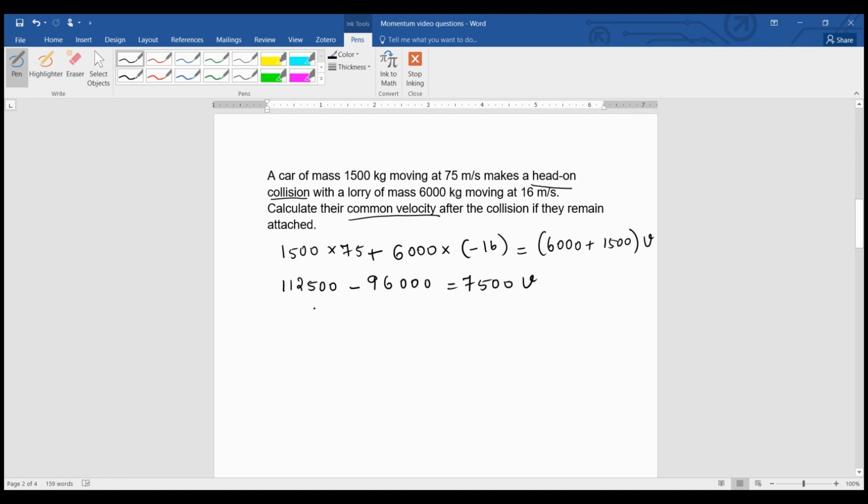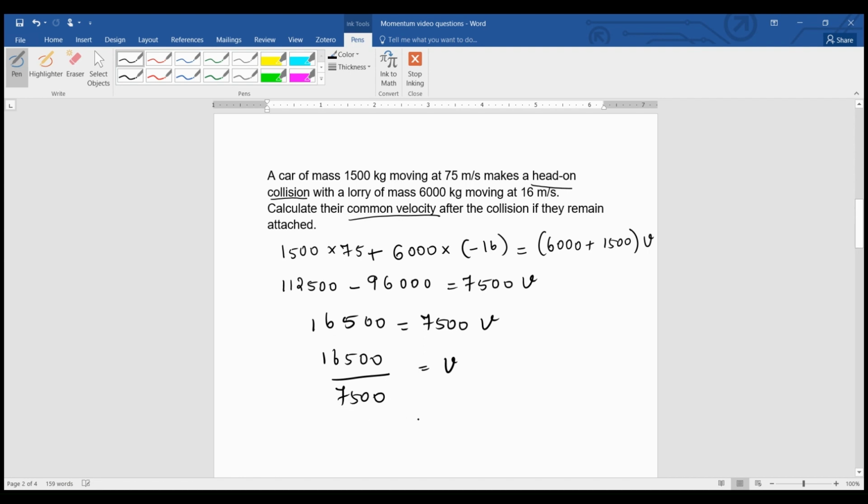So this becomes 16500 will be equal to 7500 V, or V is 16500 over 7500.